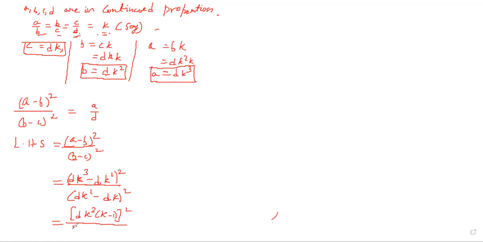In the denominator inside the bracket, DK is common into K minus 1 whole square.